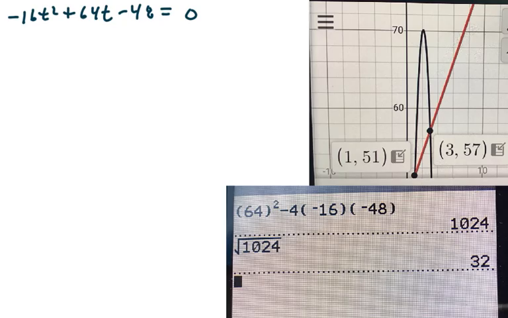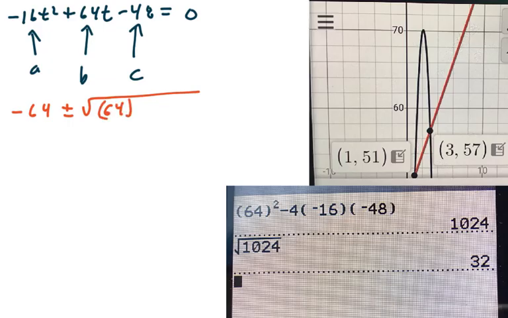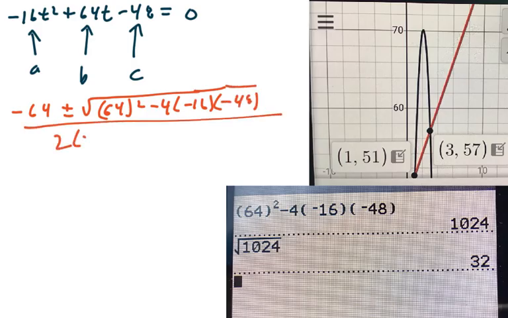Again, to speed things up, this is my A, this is my B, this is my C. I'm going to use a quadratic formula. Negative of the B plus or minus square root B squared minus 4 times the A times the C all over 2 times the A. This, of course, is negative 64.